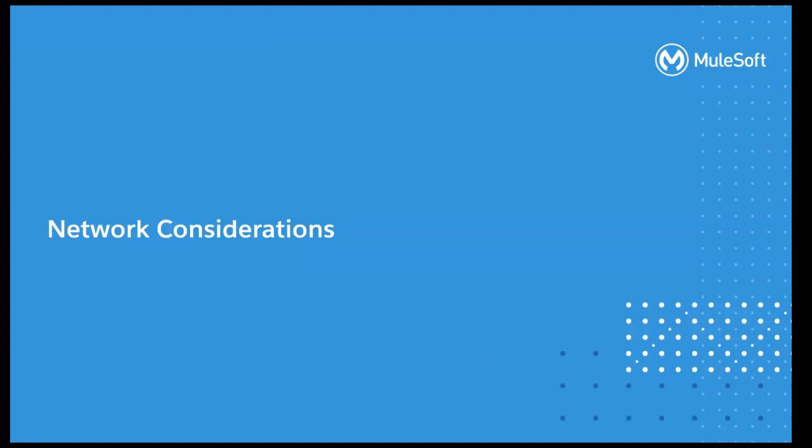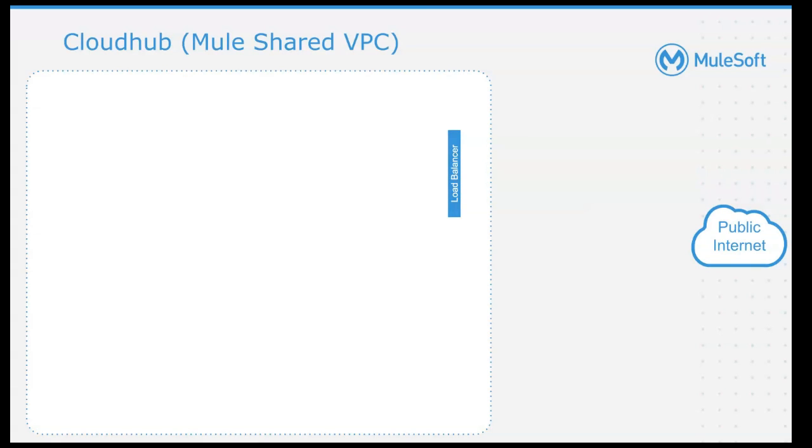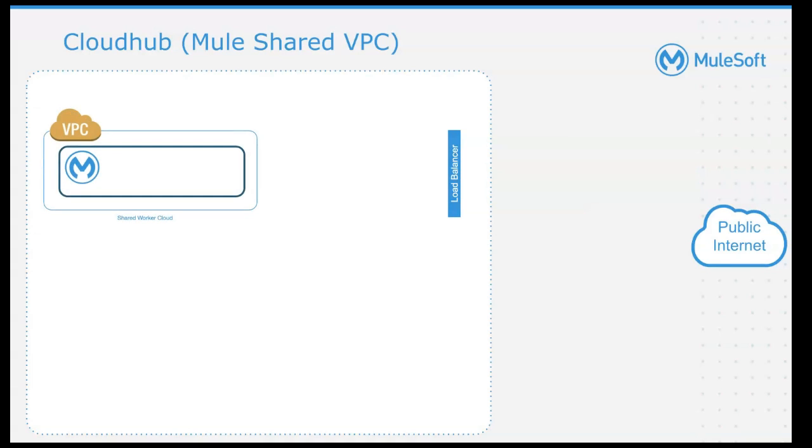Once you have configured your VPC, you need to think about how your north-south traffic is coming, how the traffic is coming from the internet, and how east-west traffic is flowing. The first networking consideration is how your traffic is managed when it comes from the internet. One option is having your Mule application in a shared worker cloud. All the applications will be deployed on your shared workers, and the traffic will be coming to the cloudhub.io URL.